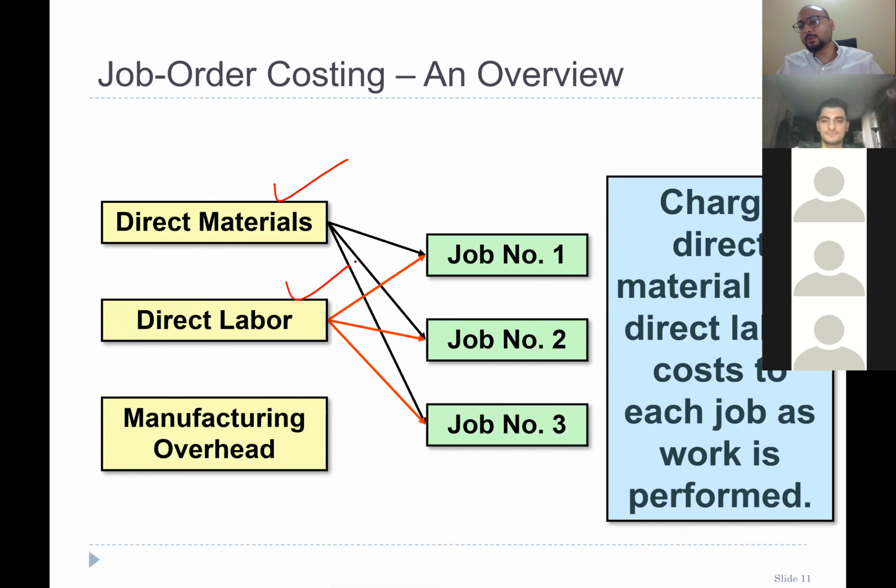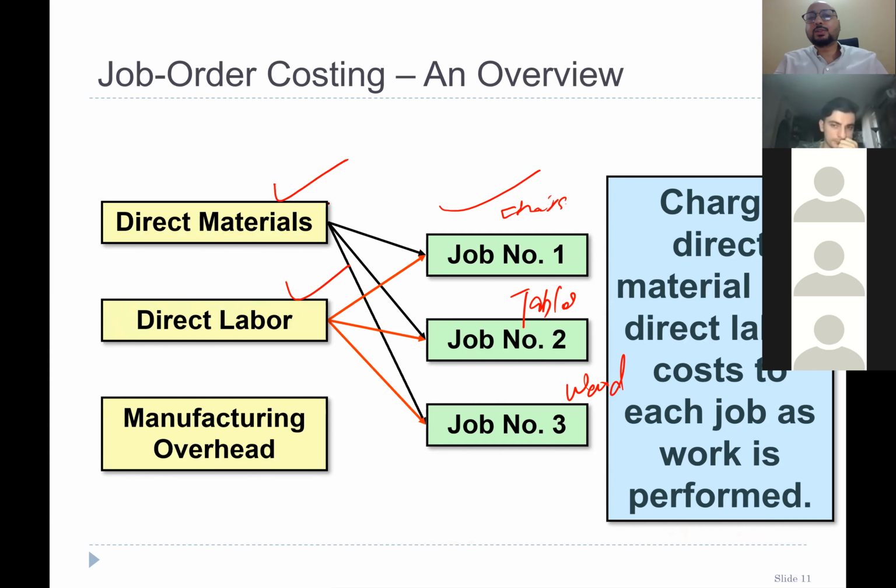It's easy to find out how much material goes to each job. For example, a furniture company: job 1 is making chairs, job 2 is making tables, job 3 is making wardrobes.